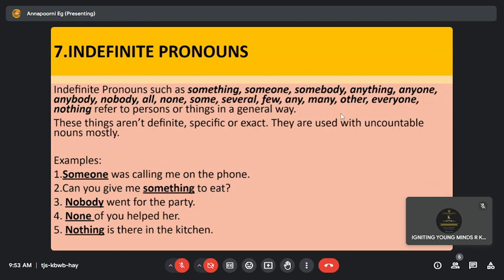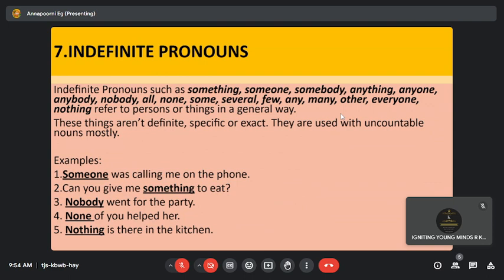Someone, something, somebody, everyone, everything, everybody, anything, anyone, anybody, nothing, no one, nobody, then all, none, some, several, few, any, many, other. All these are indefinite pronouns.